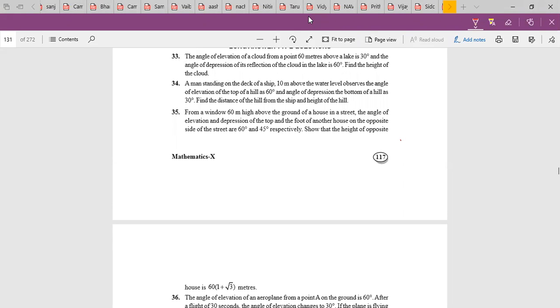Ma'am, I'm not able to get 120 for 33rd question. How do you solve the 33rd question? Just a second, Anand, one second only. Isn't 120 the answer? I got 180.